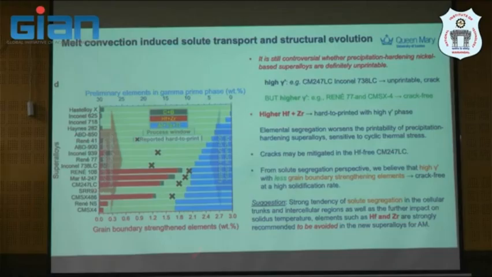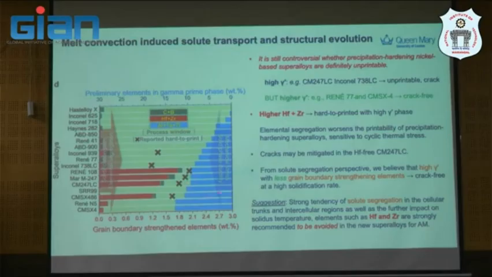representative nickel-based superalloys, based on the understanding that we described previously from the lower length scale model, we can see that the green one represents the range that we can print, but the cross here indicates the not-easy-to-print alloys. You will see that most of the time they have very high grain boundary segregation, a strengthening element, and a primary element for gamma prime.